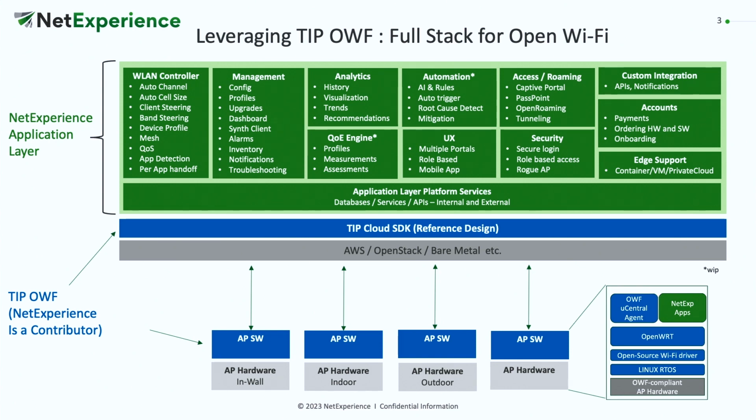We added a set of applications in the cloud, providing the WLAN controller functionality, advanced management, very detailed analytics, troubleshooting functions, automation, security, and a set of access roaming features. All these different functions are implemented as microservices running on the open source cloud software.